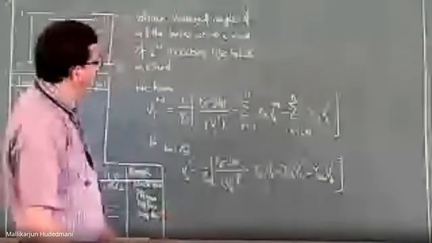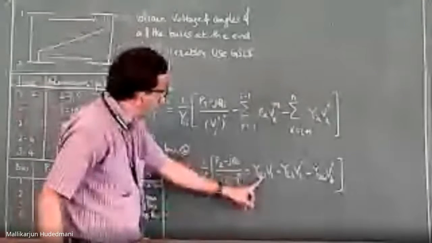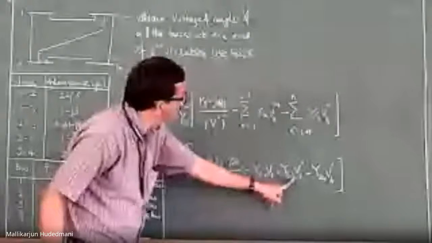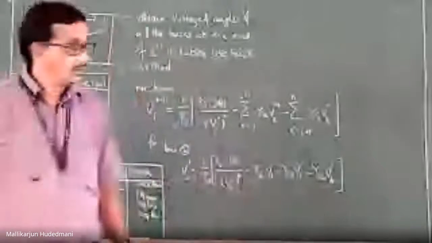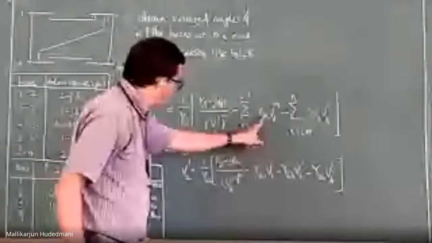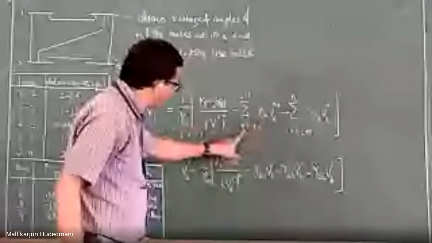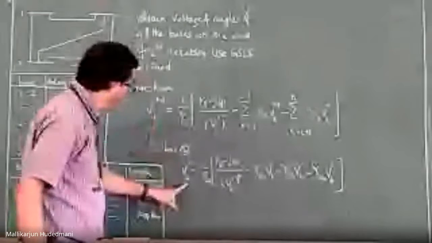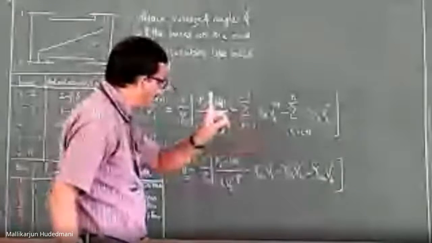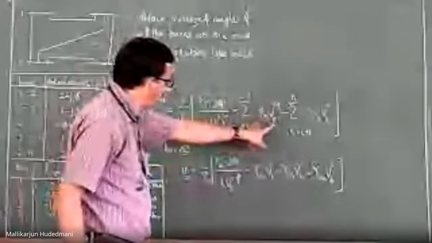What is this? 2-1. What is this? 2-3. What is this? 2-4. How could I write this directly? This is the expression, the link K tending less than I. I is 2 for me. K can have only one possibility, the value of voltage that is latest available.